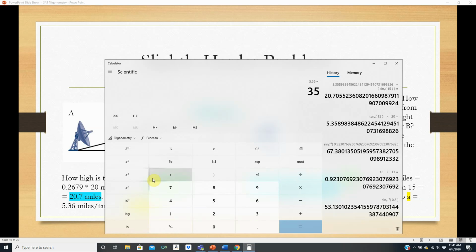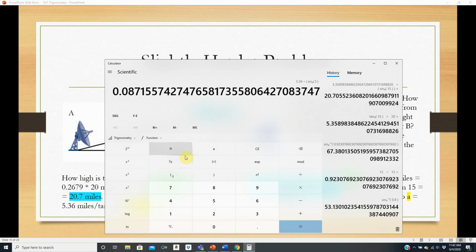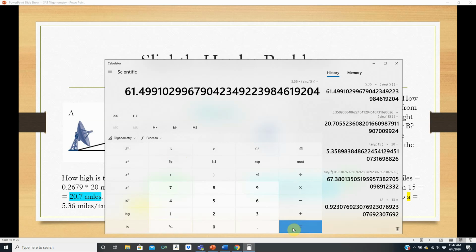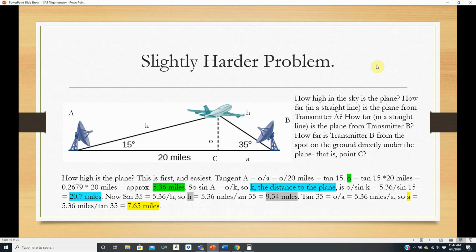Oops, over, got to put in those parentheses. Sine of 35, okay, 0.8. All right, so that's 61.49, roughly 61.5.